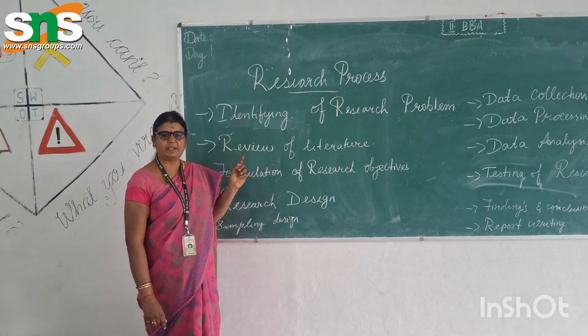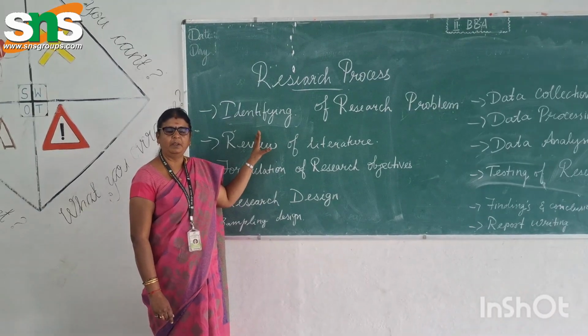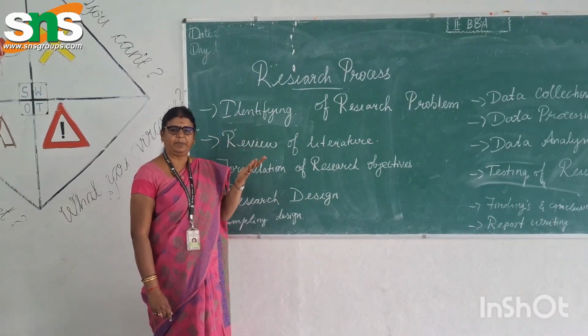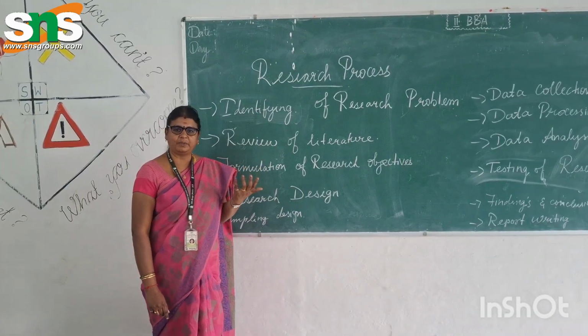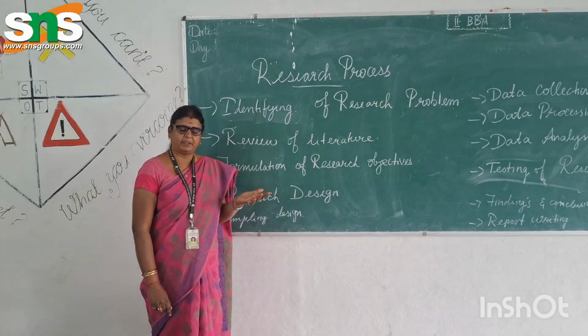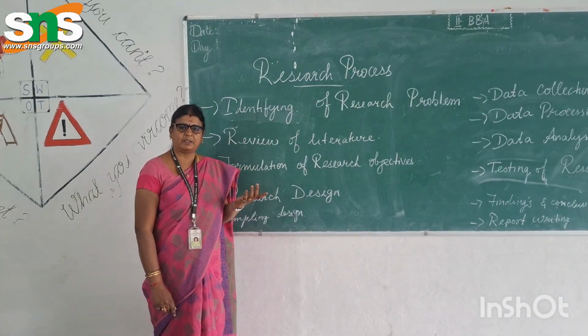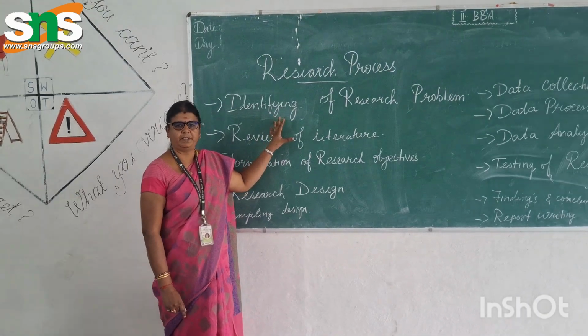That problem should be analyzed: where it is applicable, where the problem is received, how we are going to give a solution, and on what basis it will affect the respondents, the researchers or the company. Everything should be analyzed in the problem identification.